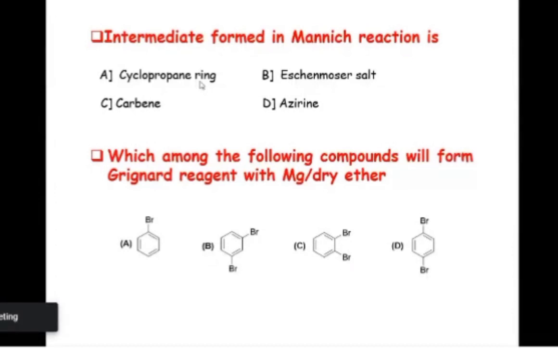Now I can modify the question. Which of the following compounds will not form Grignard reagent with magnesium and dry ether? Just I have modified the question.